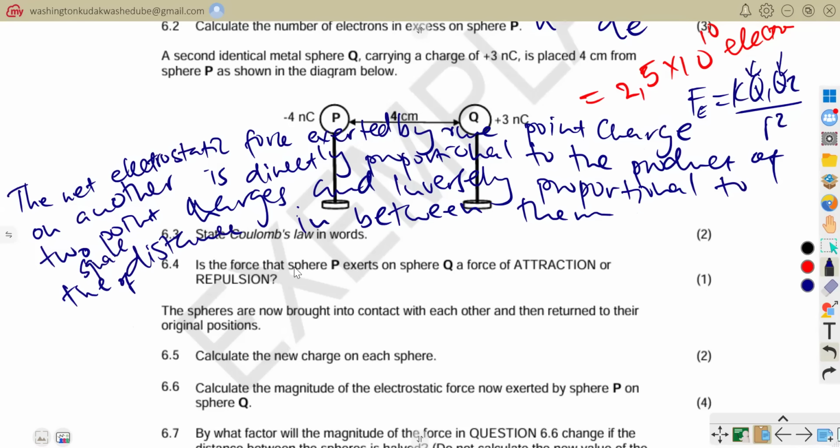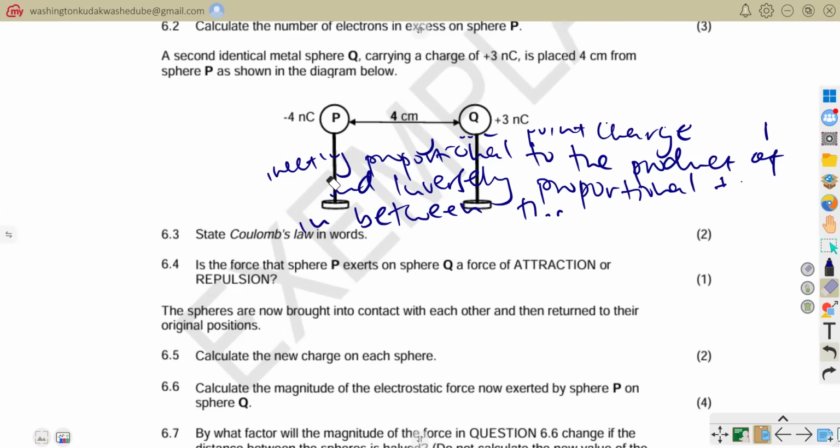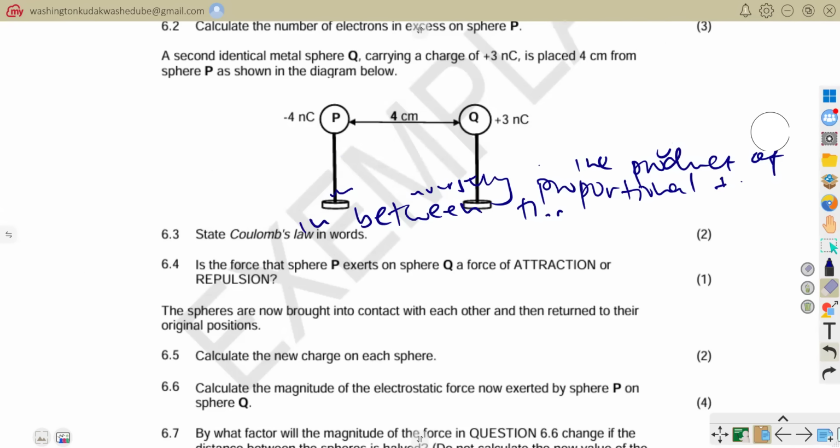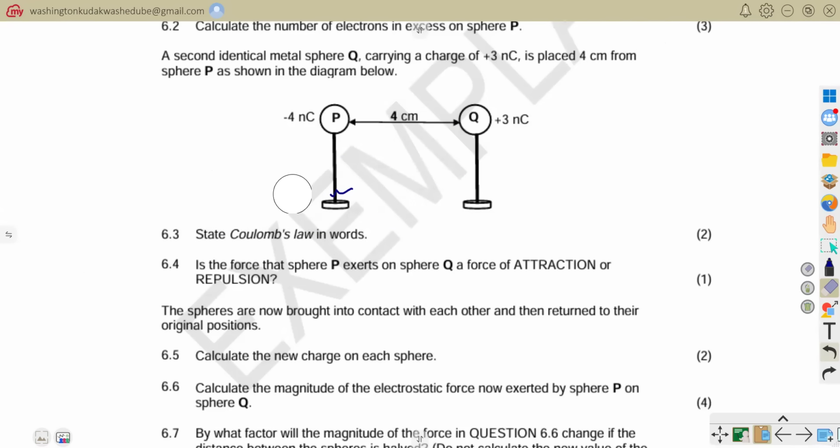Now they are saying, is the force of sphere P exerted on sphere Q a force of attraction or repulsion? So how do we know? We know that like poles repel, and unlike poles attract.